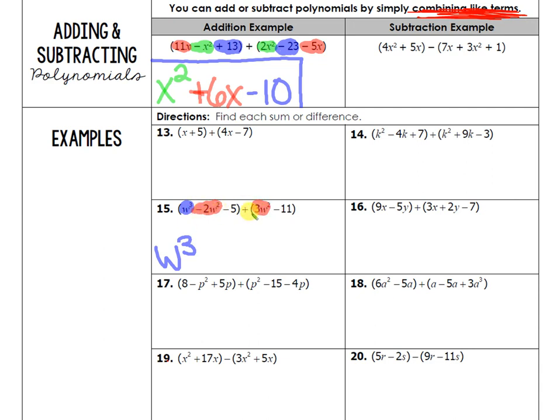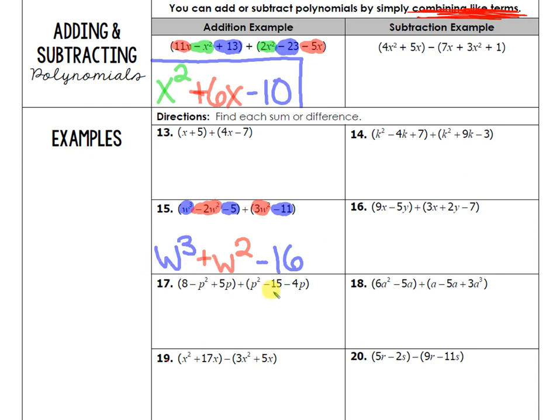Negative 2w squared plus 3w squared is just going to leave me with 1w squared. And then my constants, negative 5 and negative 11, which leave me with negative 16.